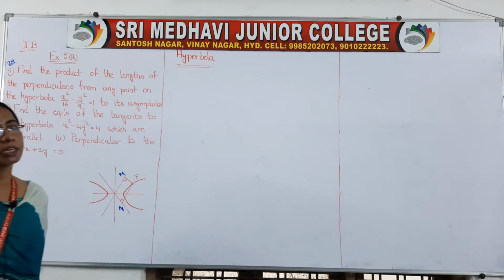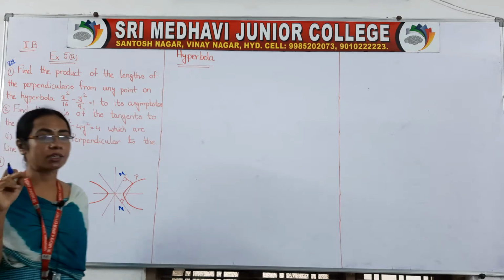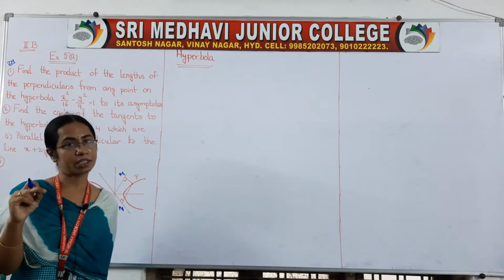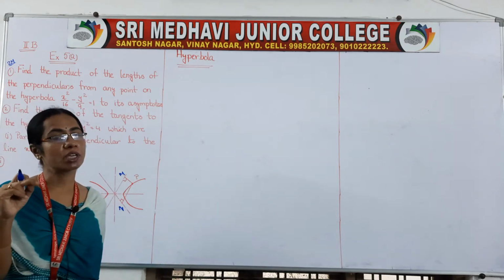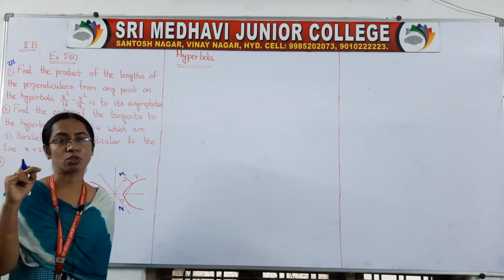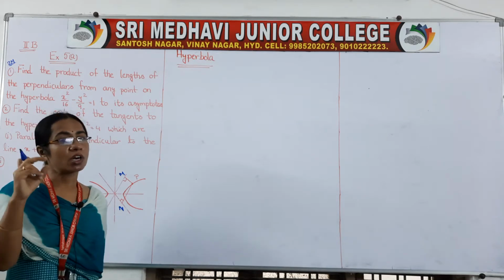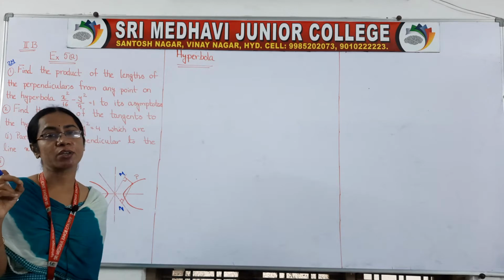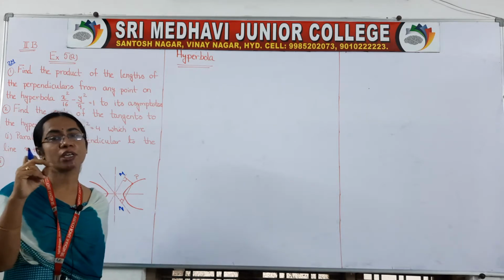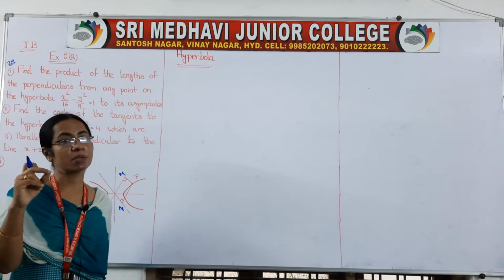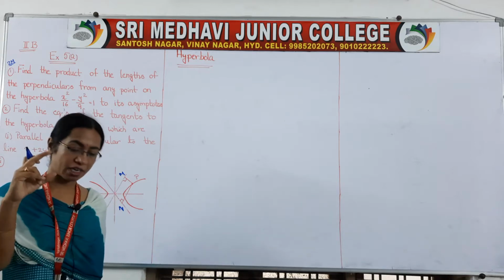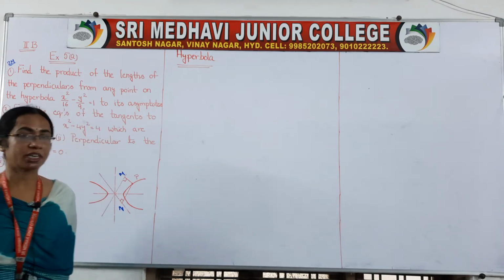Already we derived for the standard hyperbola equation x square by a square minus y square by b square is equal to 1, the product of the lengths of the perpendiculars is equal to a square into b square by a square plus b square. Already we derived this in the 4 marks question in hyperbola.